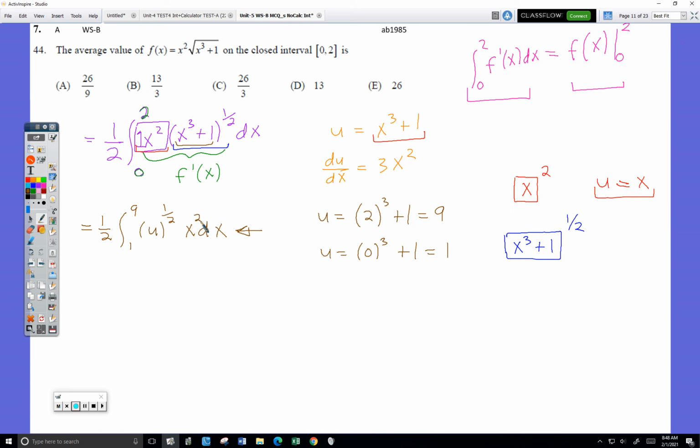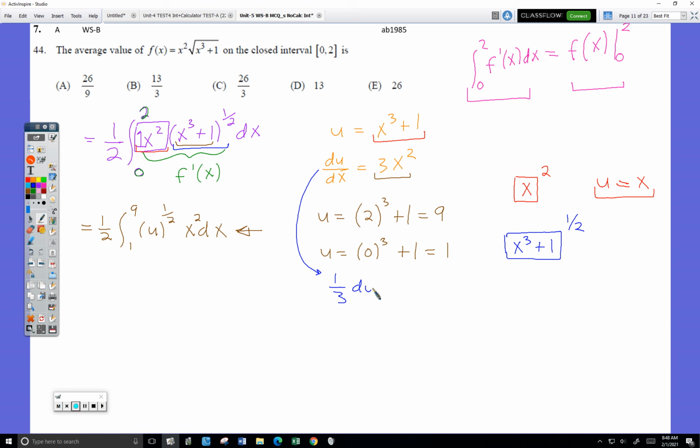Shouldn't you have 3 before the u to the 1/2, like to the power of 1? 3 here? Yeah, because you had 3 in the. Oh, I haven't done anything with this yet. Oh. Is that okay? Yeah. What I want to do here, 2 more for David. I rearrange like I often do. I'm going to move the 3 over.